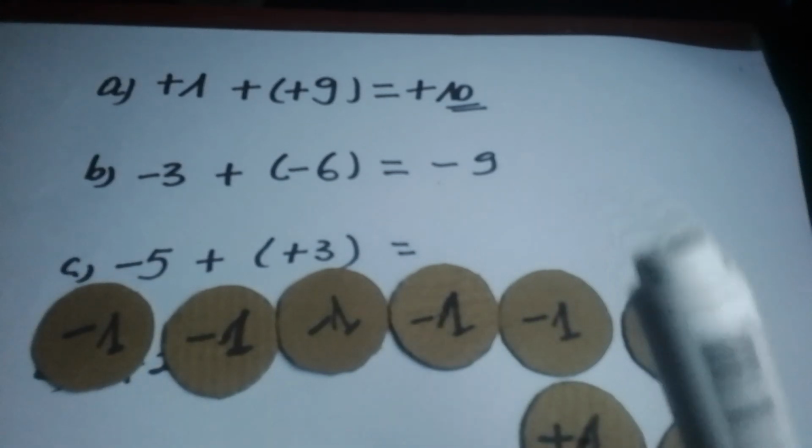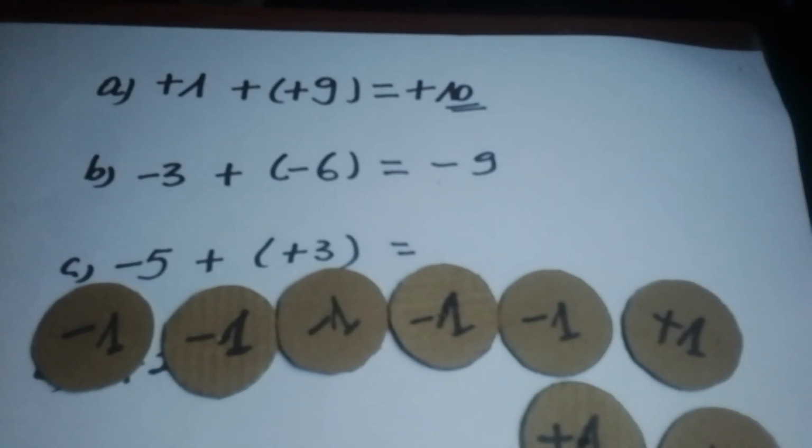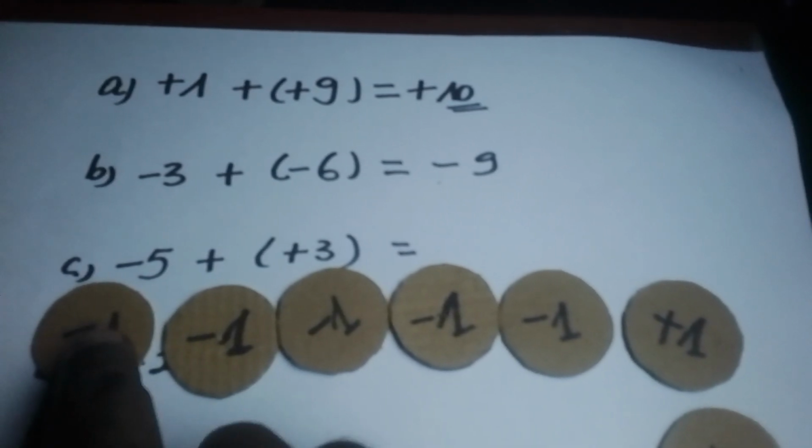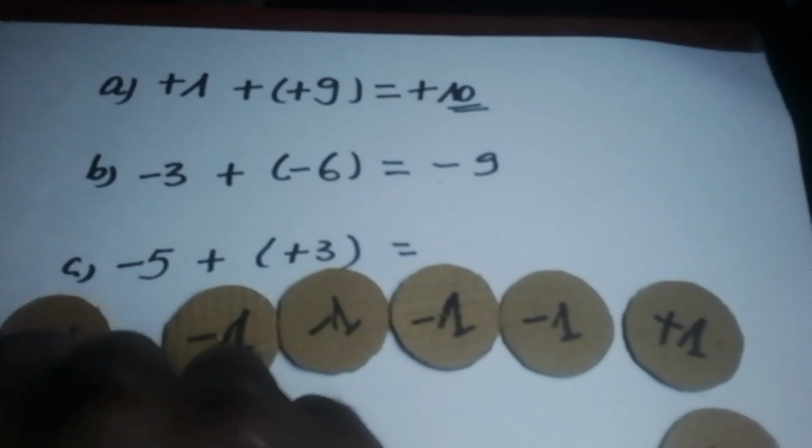3. Now, what is going to happen here, my friends? I want you to remember about 0 pairs. If I have positive and negative counters together, they form 0. This positive counter and this negative counter are going to form 0.